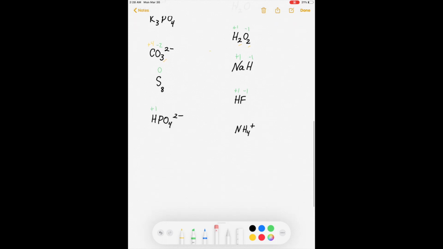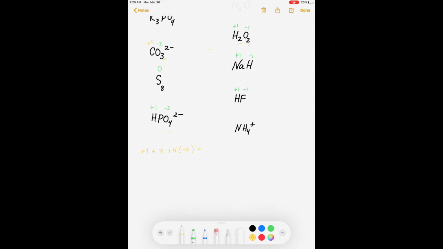Again, if I'm going too fast, feel free to pause the video at any time. Because we know oxygen is minus 2 now, we can actually write that out. This is the biphosphate ion. And so now we can figure out phosphorus's oxidation number. Again, I'll do it underneath. Just watch out for that 4. So I'm going to take hydrogen's oxidation number, which is plus 1, and add it to whatever phosphorus's oxidation number would be. Add that to 4 times negative 2, the oxidation number for oxygen, and sum all of that together.